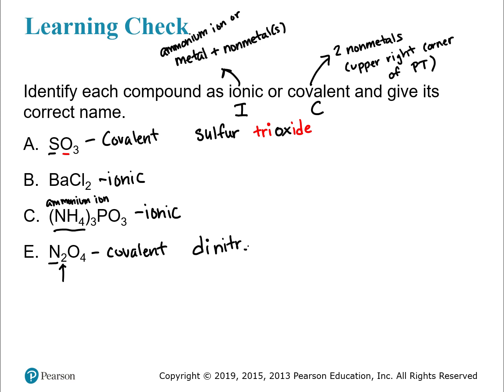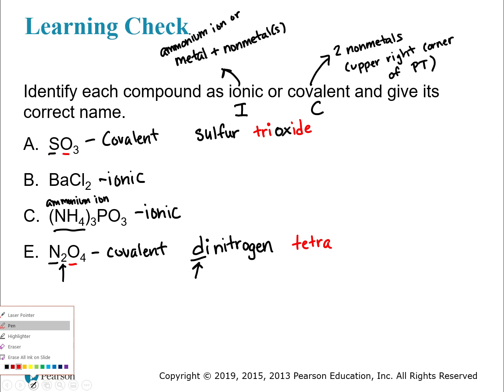Then you name the element, nitrogen. Next, we have to name the oxygen portion. 4 is tetra. Then we use the first syllable of oxygen, ox, followed by IDE.